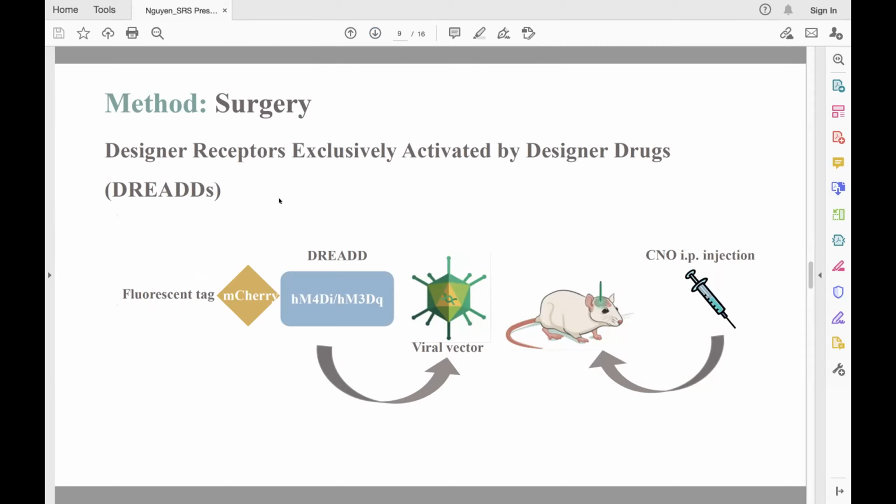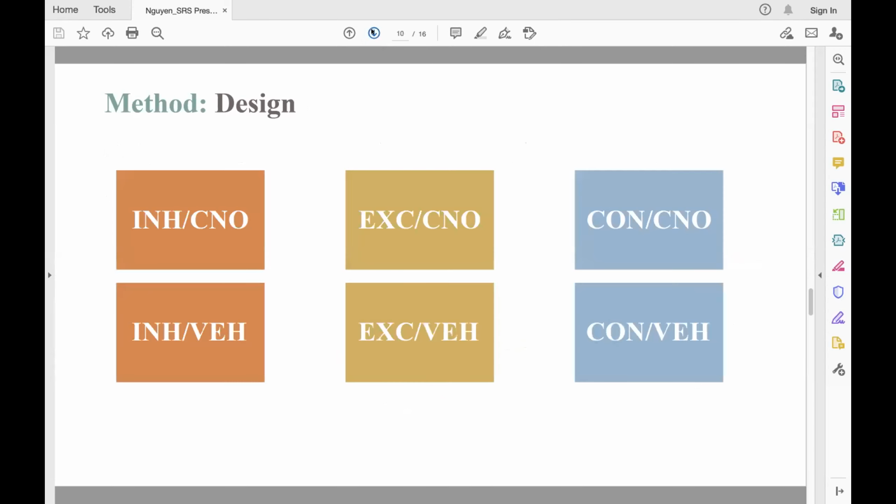This receptor would later be activated by the injection of clozapine N-oxide, or CNO, which is the activating drug for DREADDs. Control animals in our study would receive a vehicle injection that does not have any effects. So we had 3 DREADD conditions: inhibitory, excitatory, and control, and 2 injection conditions, CNO and vehicle. Ultimately, we had 6 groups of animals in total.